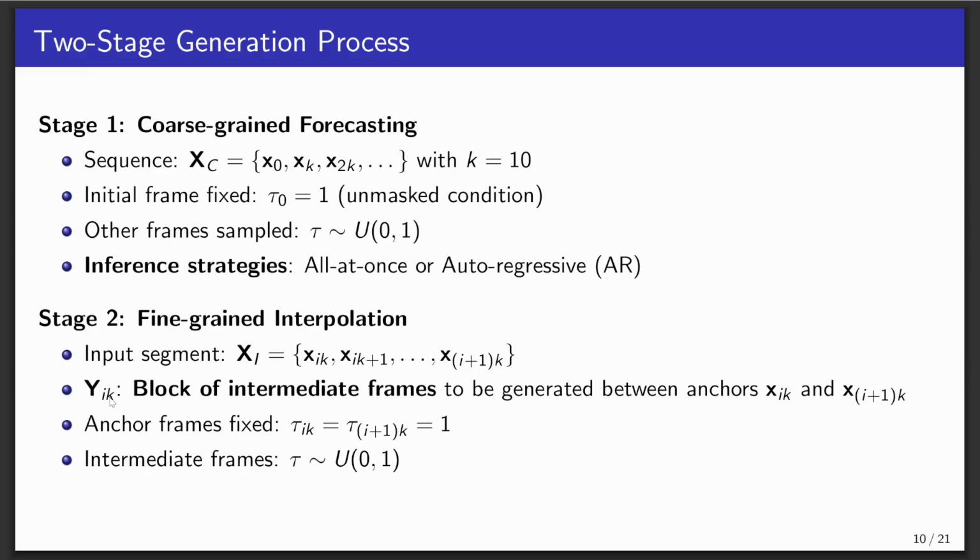By blocks, it means we have multiple lower scripts corresponding to the physical time. For anchor frames, the denoising time is fixed to be 1, and for intermediates, the noise level is sampled from 0 to 1.